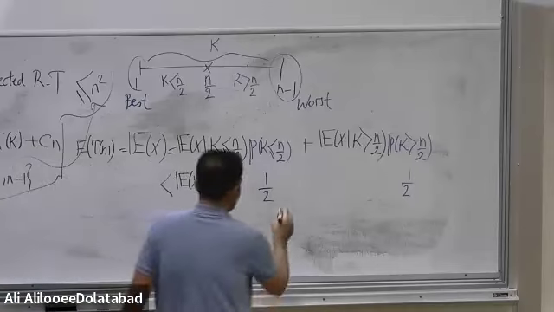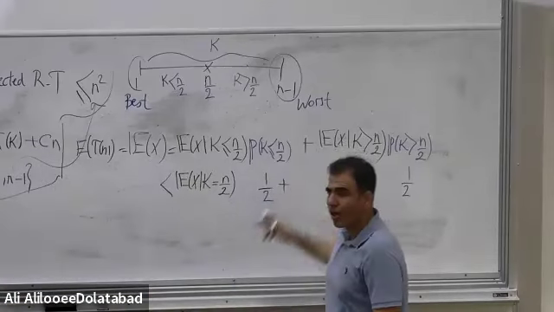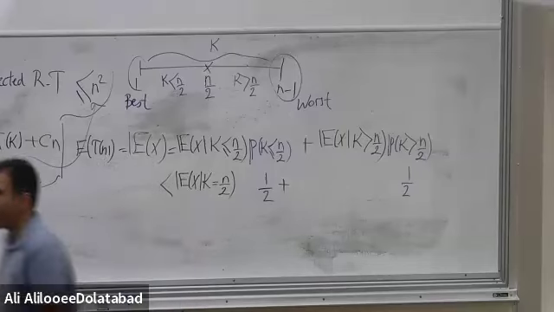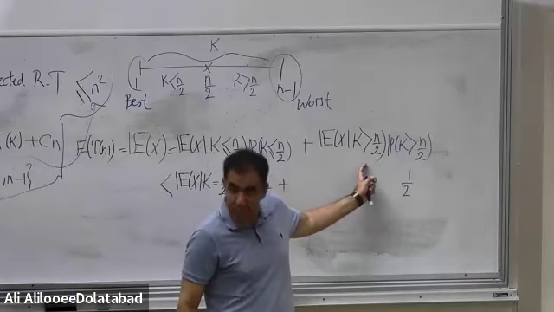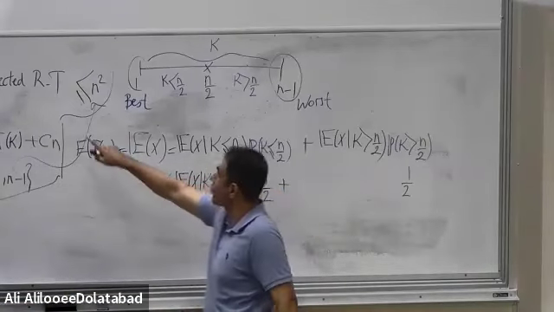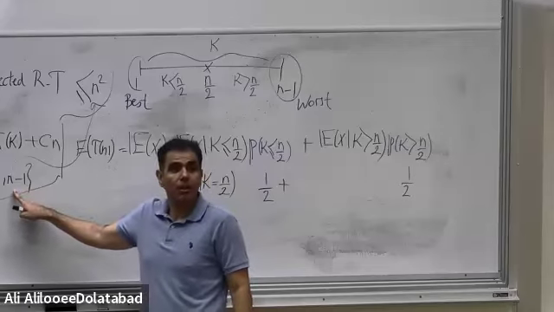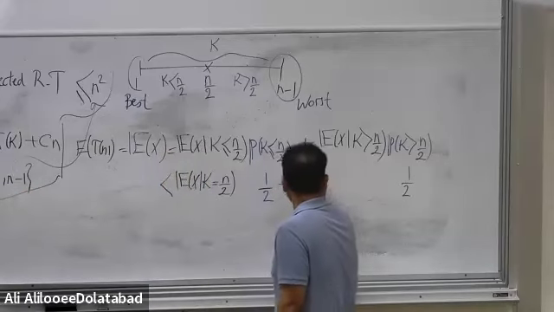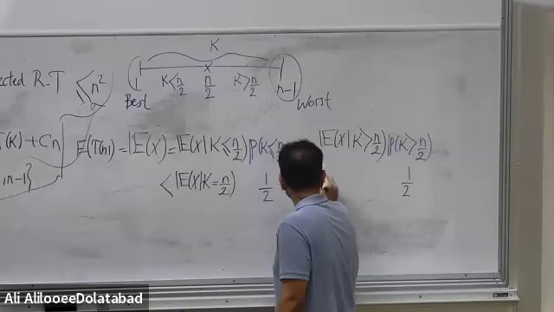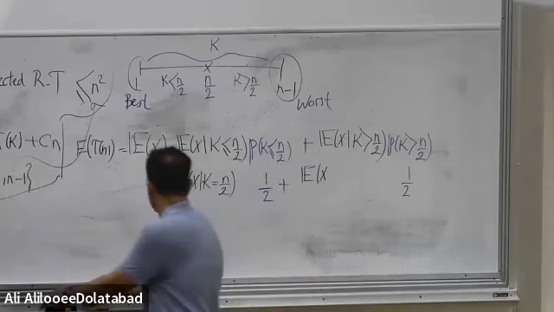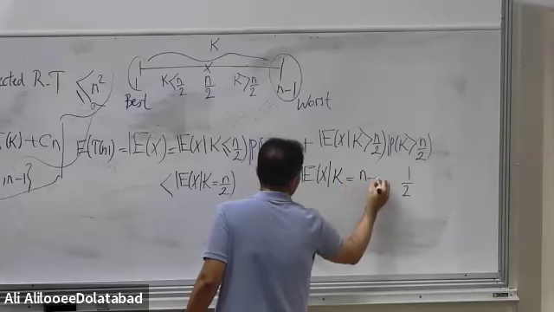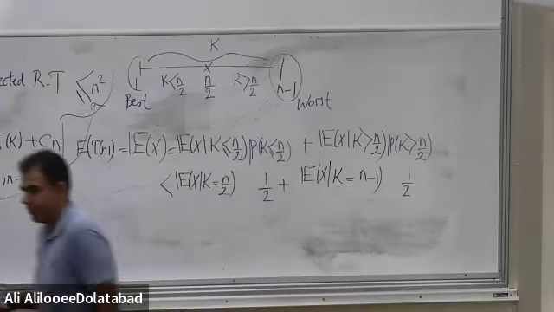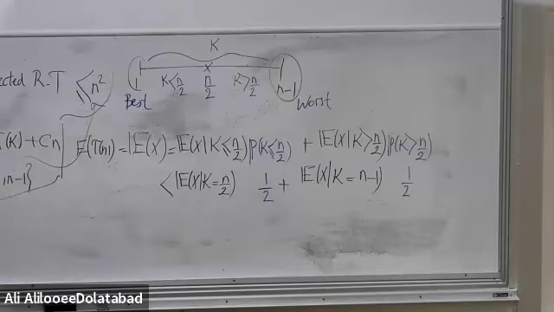Same story here again. Here you are considering values for k which are bigger than n over 2. Then the maximum value here is k at n minus 1, because the maximum value that you consider for k is n minus 1. Then you can say that this guy is less than the expectation of x at k equals n minus 1.